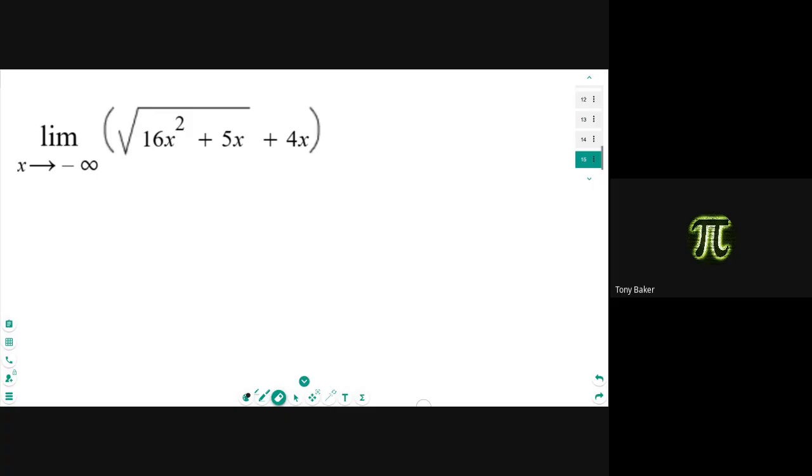So when you're looking at these questions, what it's asking is important. If it was x goes to infinity, you could just plug in infinity to do this problem.